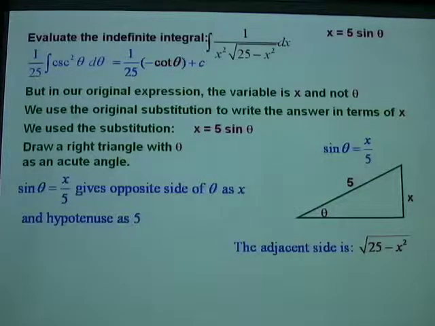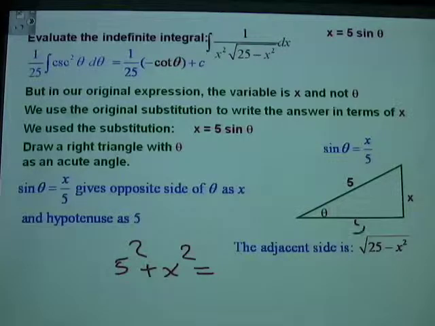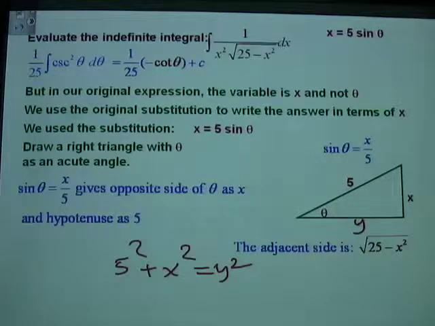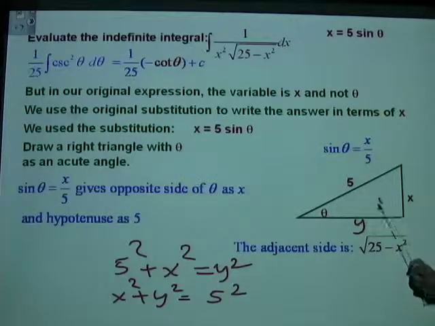In a right triangle, suppose I call the adjacent side y. So I have 5 squared plus x squared equal to y squared. No, is this right? No. It will be x squared plus y squared equal to 5 squared, by the Pythagorean theorem.